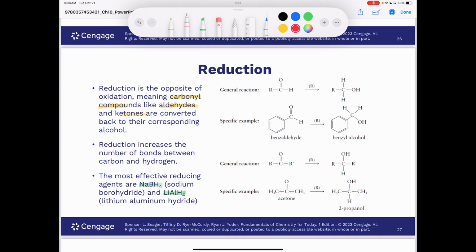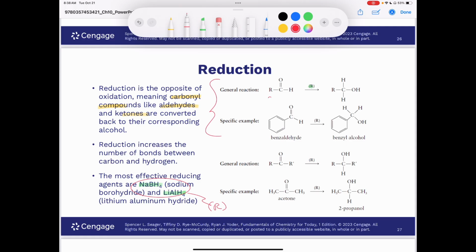What we're going to see in these reactions is that to represent these reducing agents, all we do is just put R in parentheses like this. So the general reaction for an aldehyde is shown right here. We take our aldehyde and then we treat it with our reducing agent.